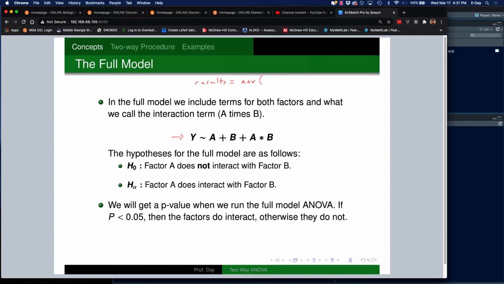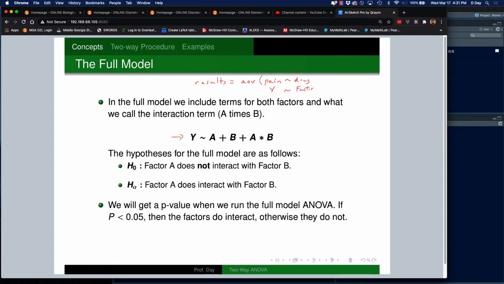Inside our aov, we put our response, like in some of the examples we did for the drug type, or the drug interaction effect on the pain scores. We had the pain scores, which was our treatment, that's our Y, tilde, the drug type. That was our factor.